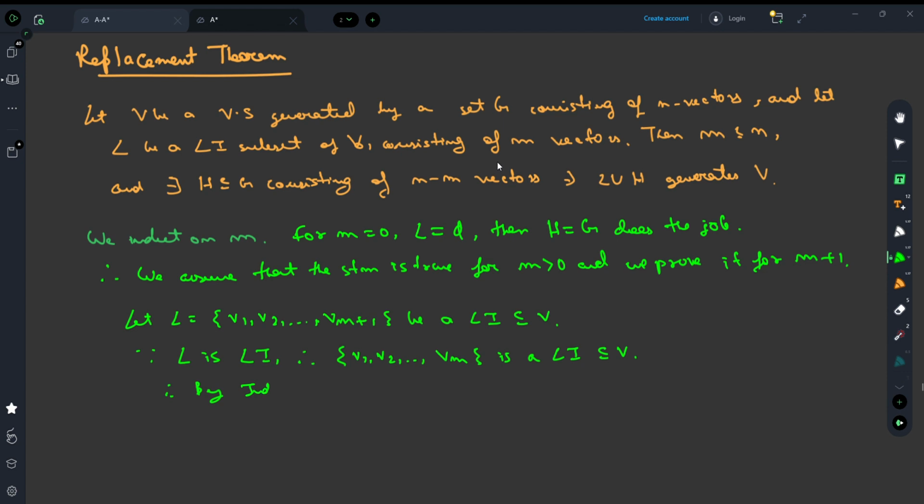Therefore, by induction hypothesis, m must be less than or equal to n.